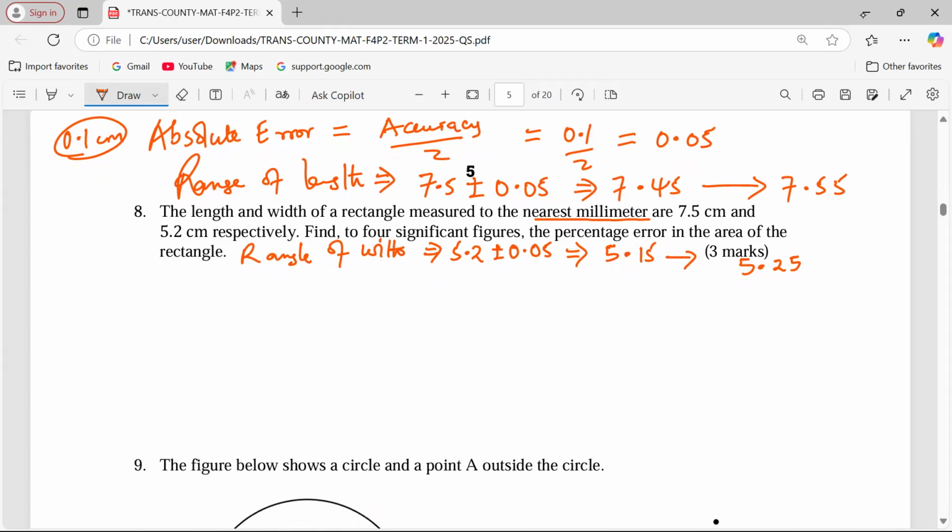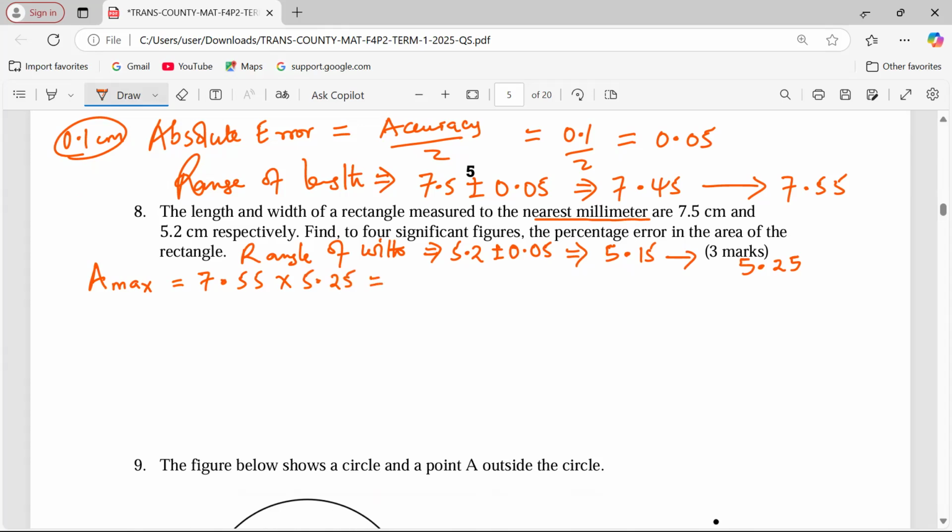Therefore, with the limits or the range for the two dimensions, then we can get area maximum. Area maximum will be given by, generally for a rectangle, area is given by length times width. So maximum area shall be the maximum length times the maximum width. We just use the upper limits.